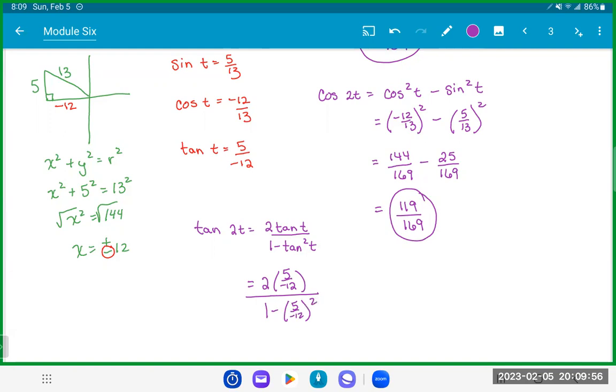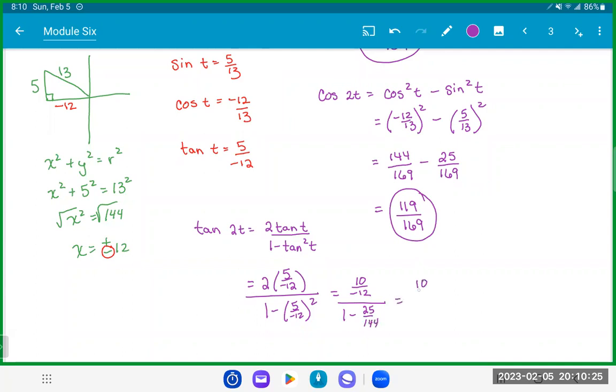Okay, and now if we can simplify that out, we have 2 times 5 is 10 over negative 12, divided by 1 minus 25 over 144.